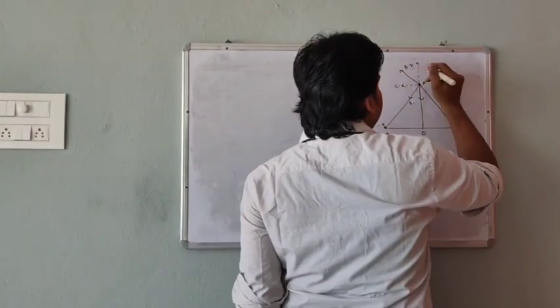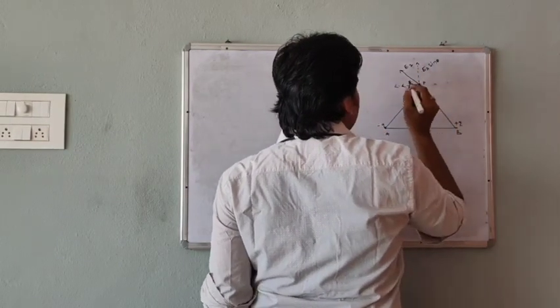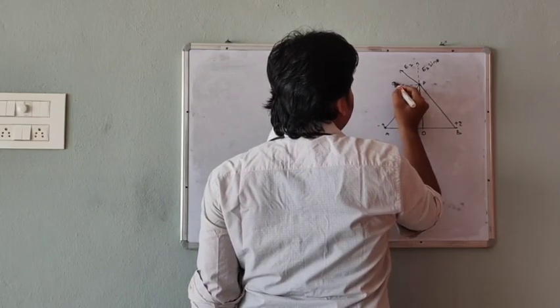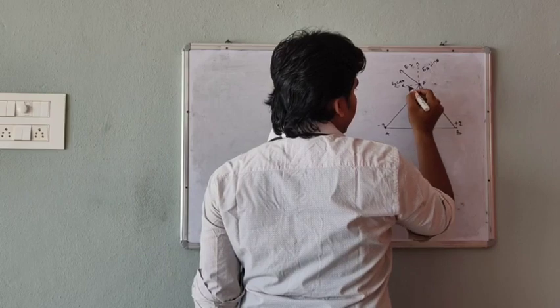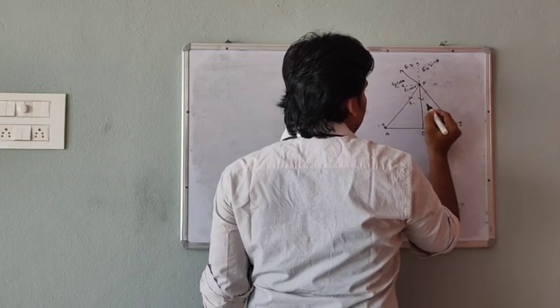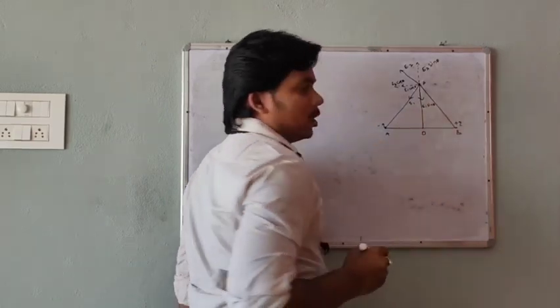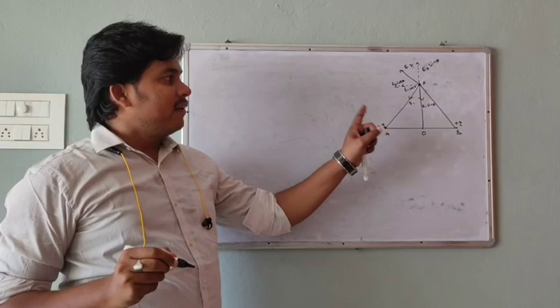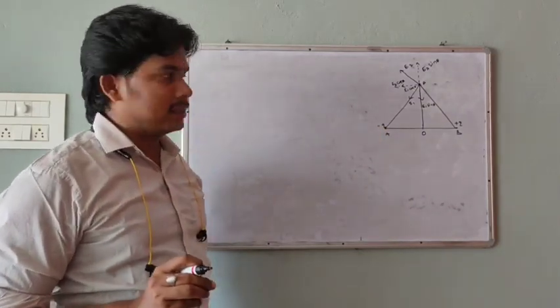This will be E2 sin theta, this will be E2 cos theta. Similarly, this will be E1 cos theta and this will be E1 sin theta. Understand? This E1 and E2 are resolved into two rectangular components.